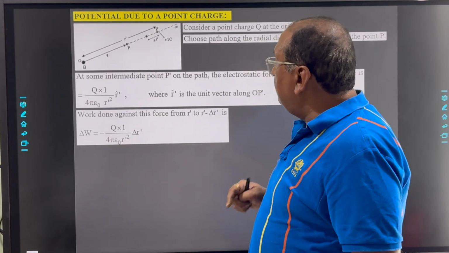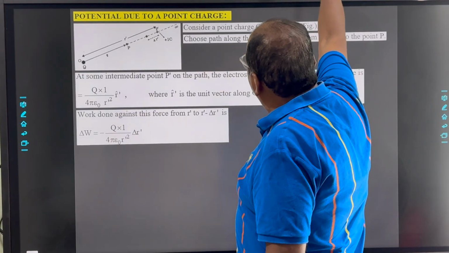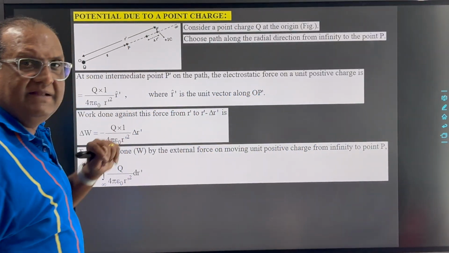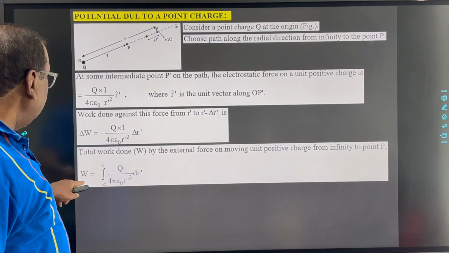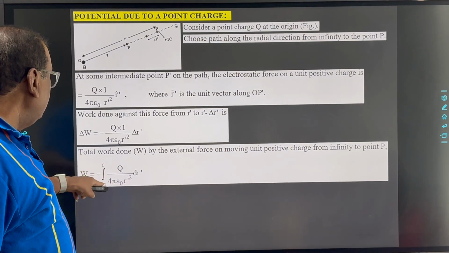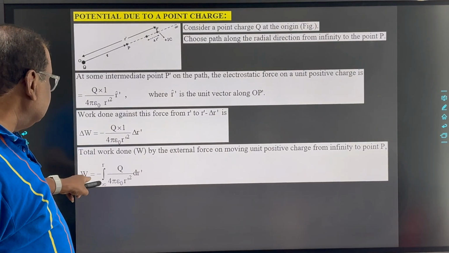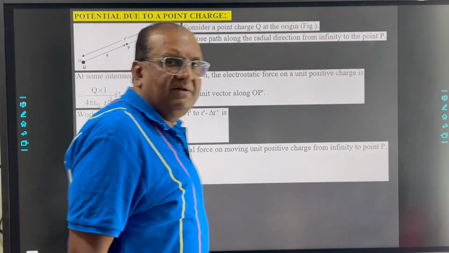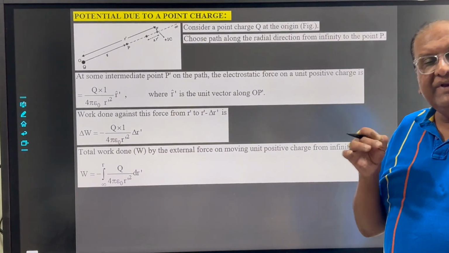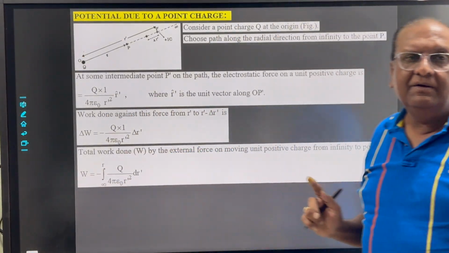Now total work done to bring this unit positive charge from infinity to P, that we can calculate by taking the integration. So W, that is equal to minus integration infinity to R Q upon 4 pi epsilon 0 R dash square dr dash. This is the work done by external force against the field in bringing unit positive charge from infinity to that given point.